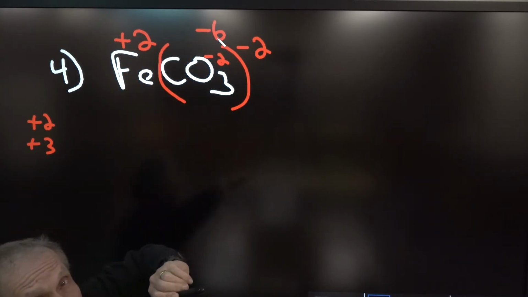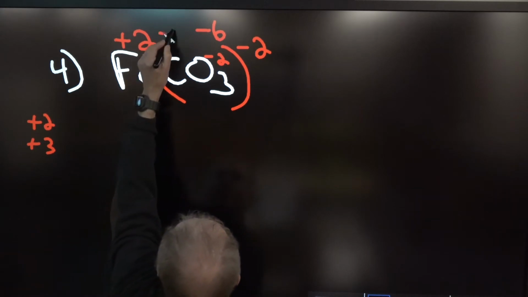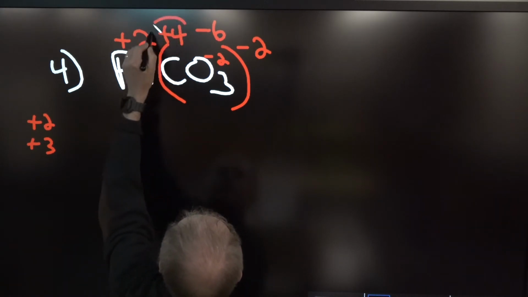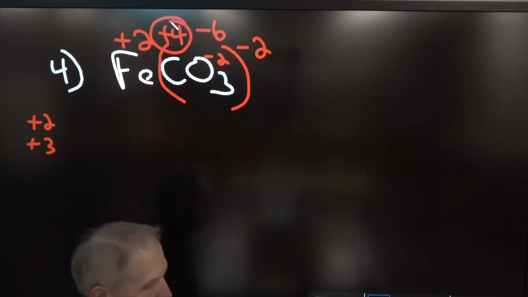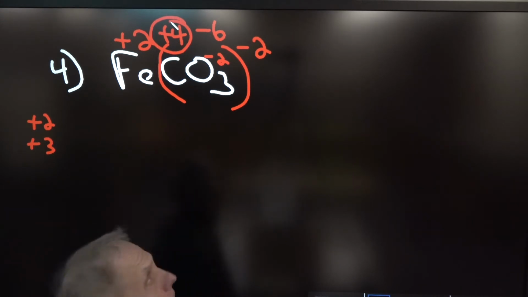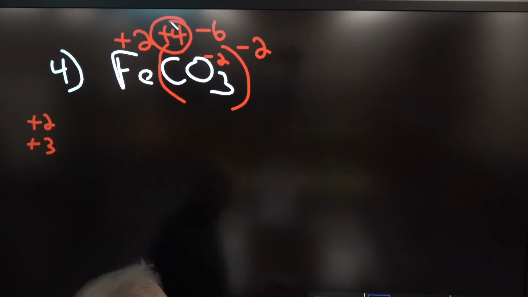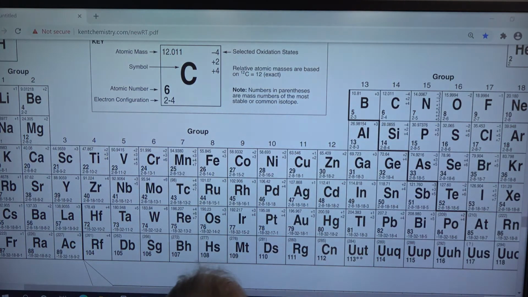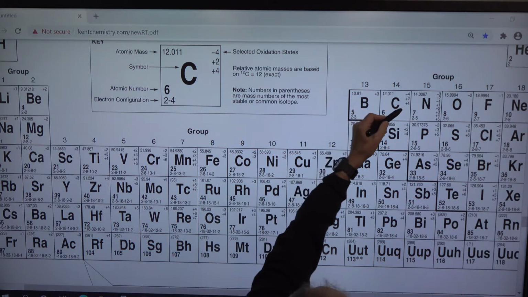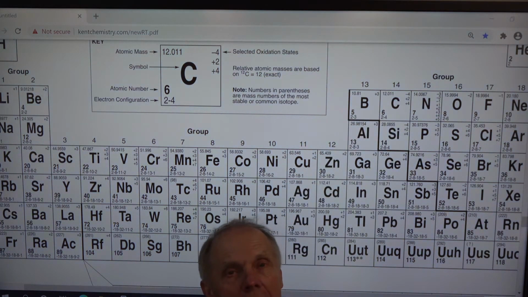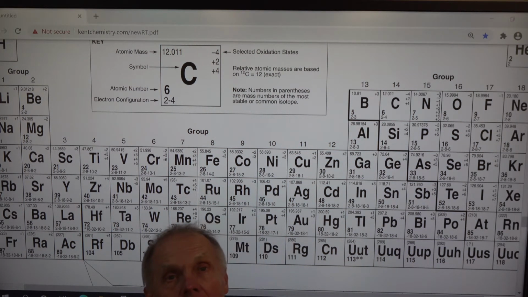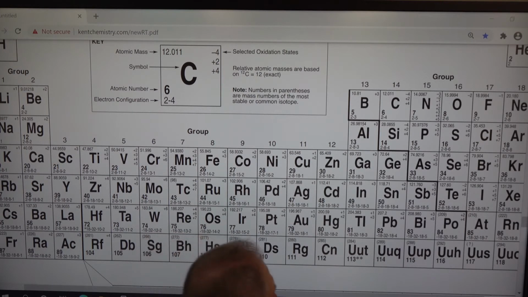Well, that means carbon must be a +4. So what we're going to do is make sure carbon is right there, and there's a +4 right there. Okay? All right, so those are the hard ones when the metal has more than one oxidation state.